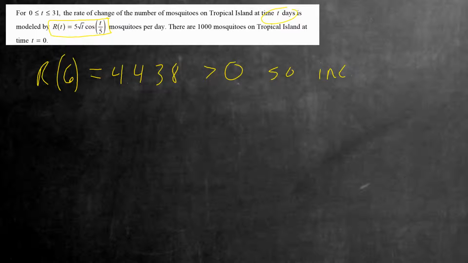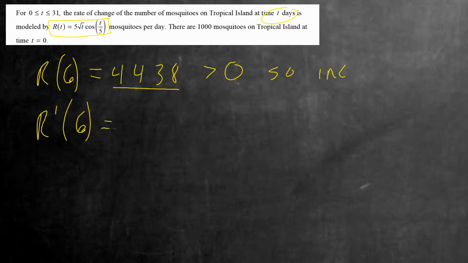Is the number of mosquitoes increasing at an increasing rate, or is the number of mosquitoes increasing at a decreasing rate? So, is this rate going up or going down? We're looking for the slope of the slope. Because I've already put it into my calculator, if I just find the derivative of this rate at 6 using my calculator, I get negative 1.913, which is less than 0.